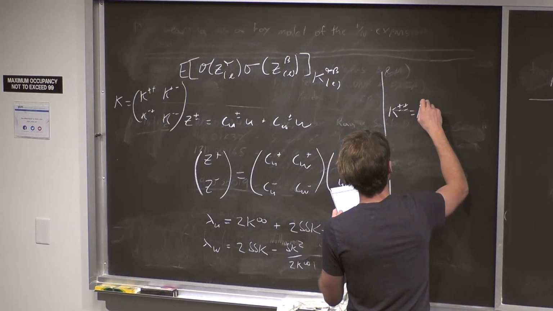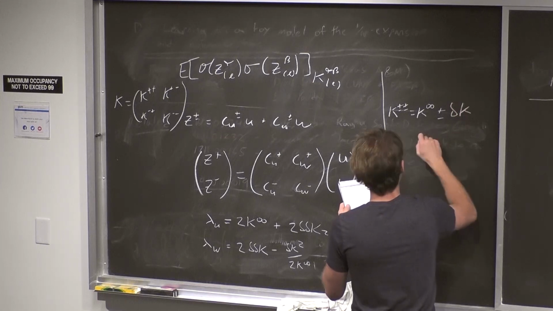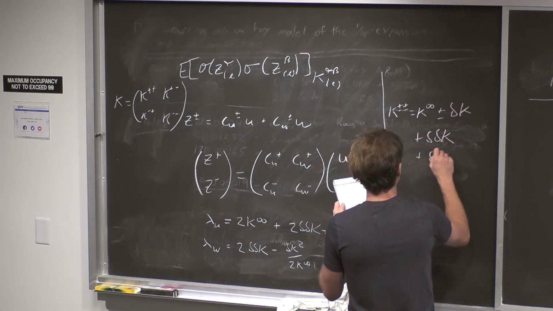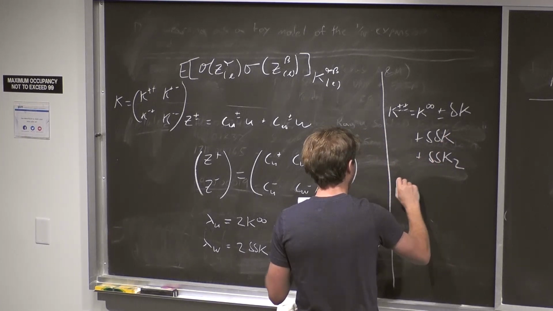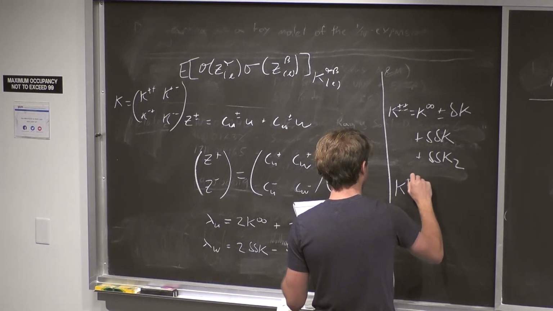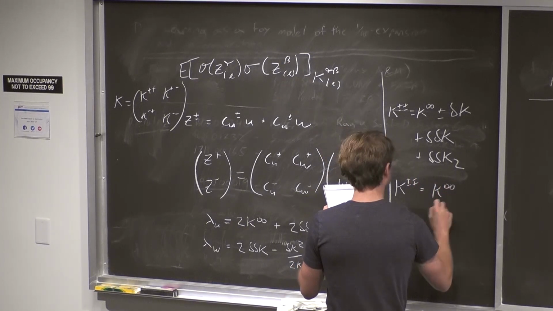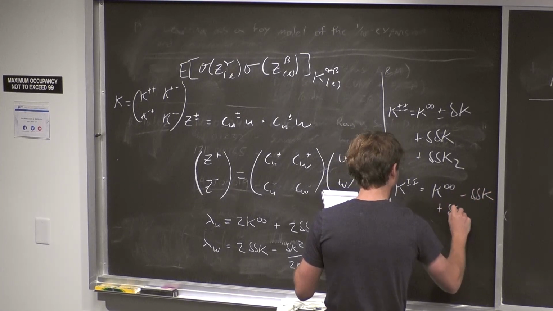So k plus minus is k00 plus minus delta k plus delta delta k, and then plus delta delta k2. We need to define two of these objects. I'll explain why in a second. And then k minus plus is equal to k00 minus delta k plus delta delta k2.